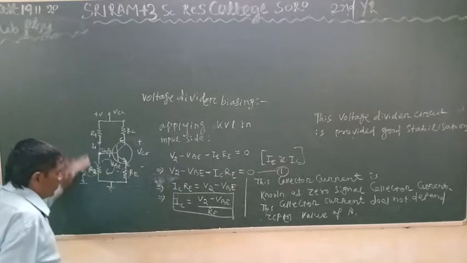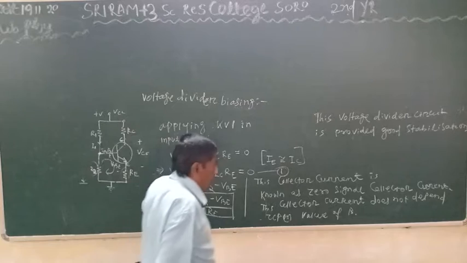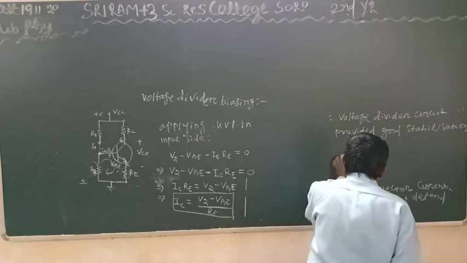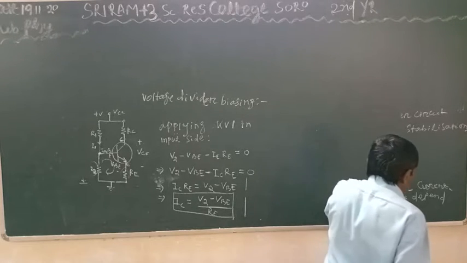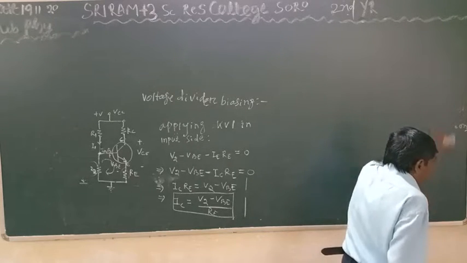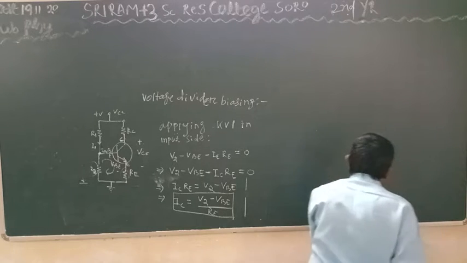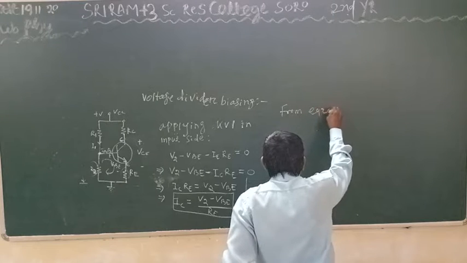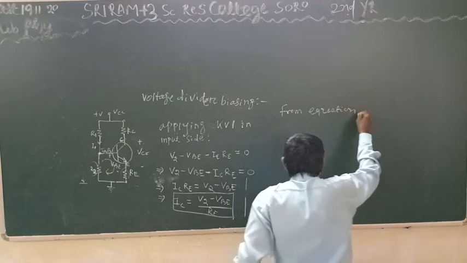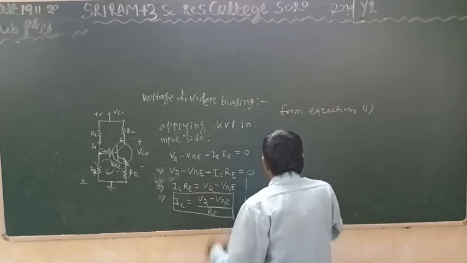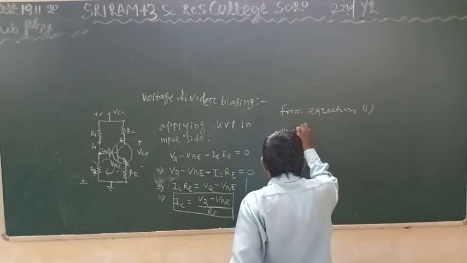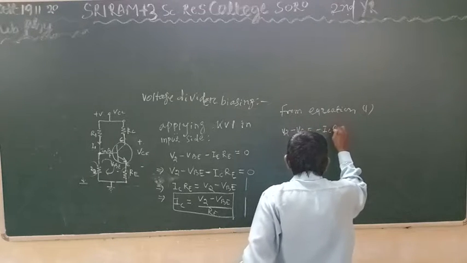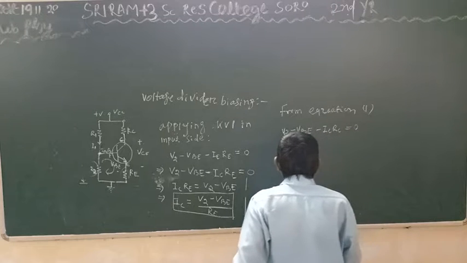Now we write this equation again. From equation 1, V2 minus VBE minus ICRE equal to 0.